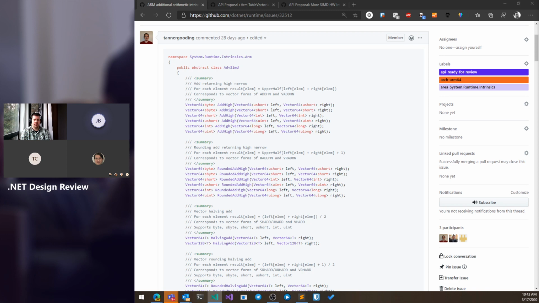And Tanner, just to double check, you said there's an easy way to go from a vector 64 to a vector 128, right? Yeah, it's a zero cost conversion. Okay. I was just going to add, because for some of these intrinsics, it is quite handy to have the vector 64 overload, but if there's an easy way to do it, then you don't need it. Yeah, at least for ARM64, it will be a zero cost conversion.